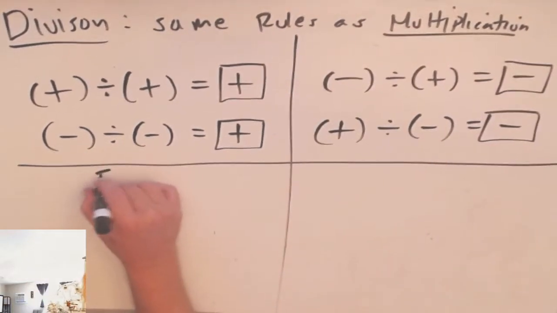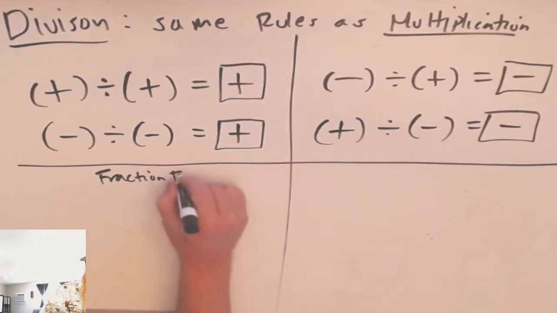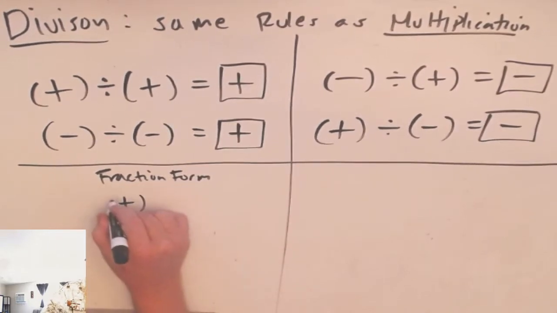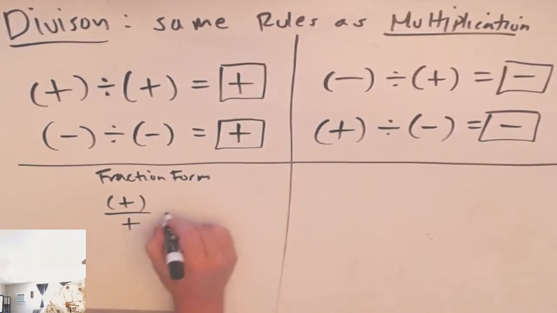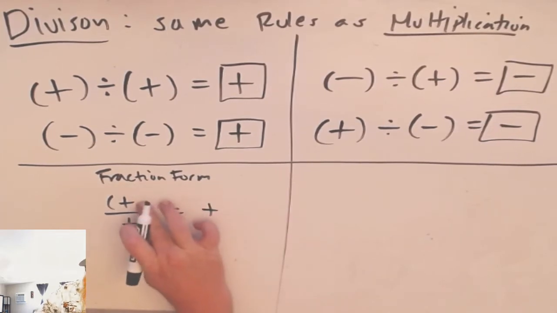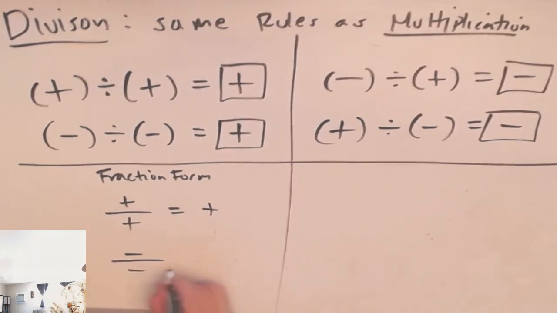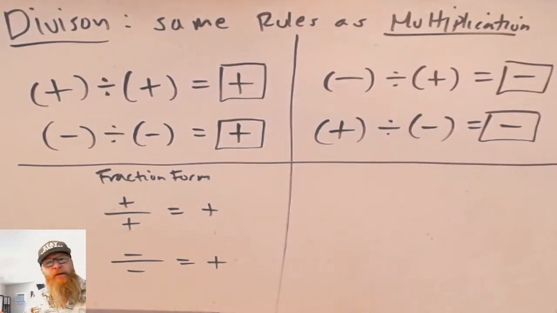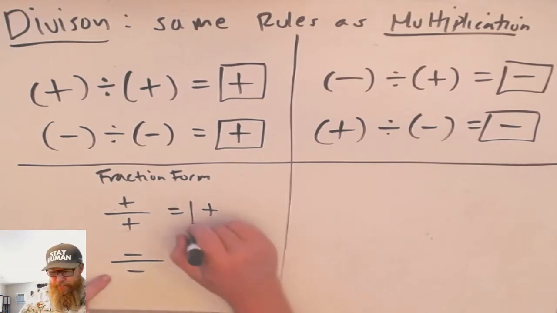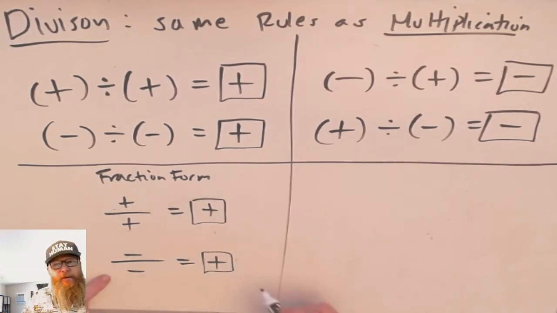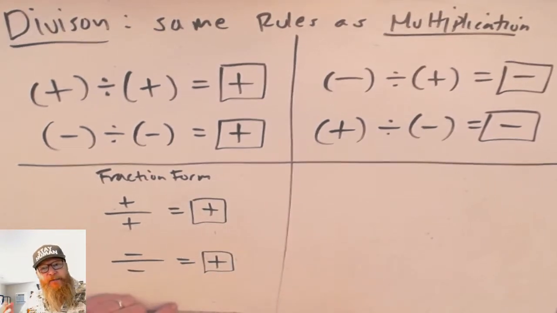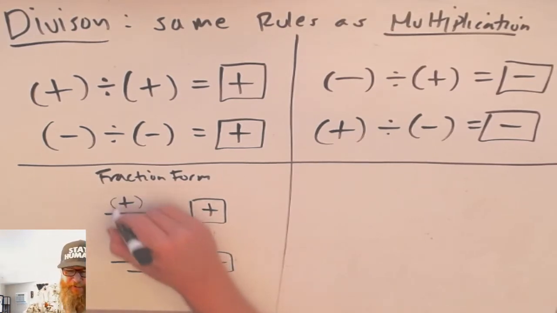In fraction form, it would be plus over plus is plus. You actually don't need the parentheses when you're in fraction form. That's nice. A positive divided by a positive is a positive. Yeah, negative divided by a negative is a positive. You can still put the parentheses if you want.